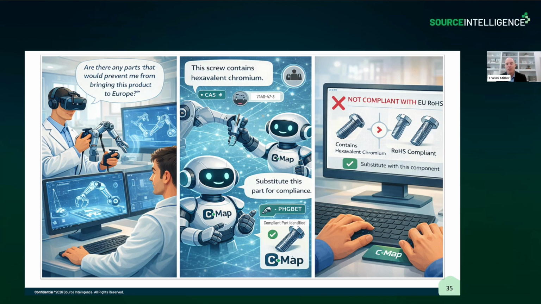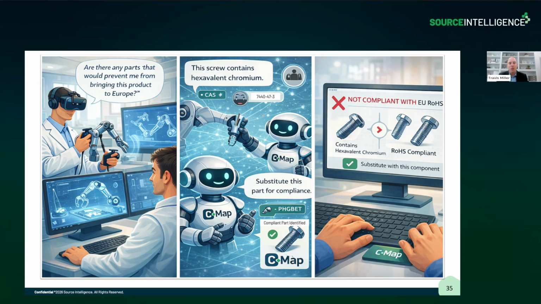That's an important question. So in this case, you could ask that question, and the multiple CMAP instances and the agents would have the ability to break that product down into its constituent components, if you will, and identify the exact materials that were present. In this case, that golden screw is identified, not after you designed the product, not after you sent out a survey, but while you were designing the product.